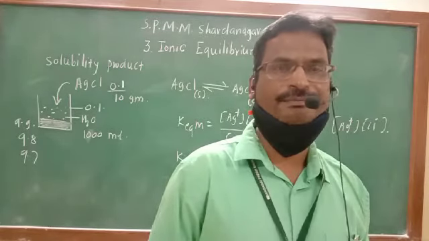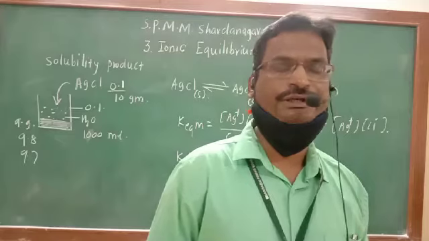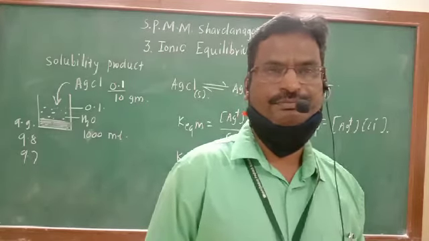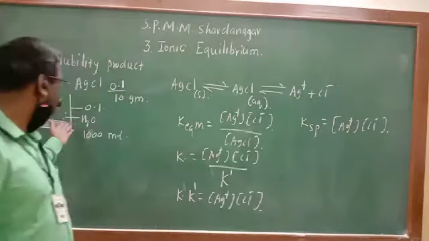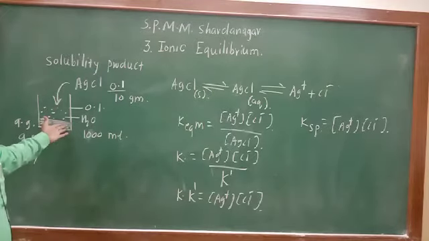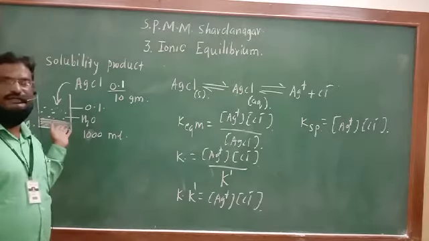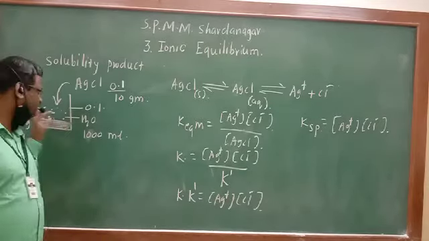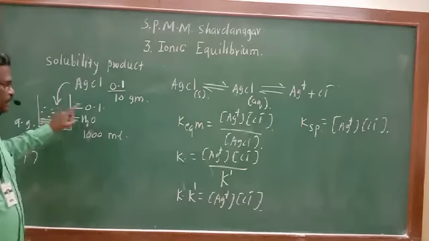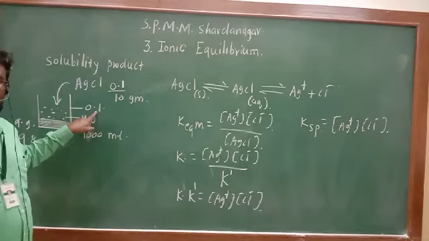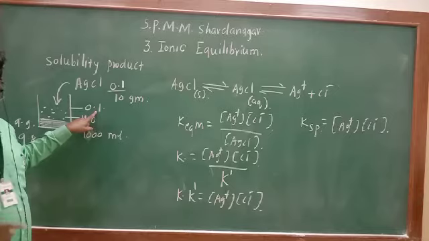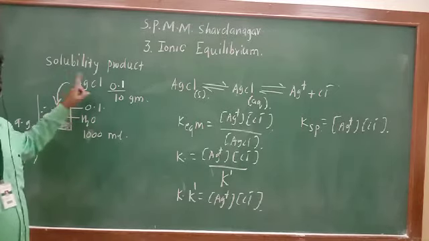we can prepare the solutions. Here, what is a saturated solution? A saturated solution is the solution in which there is maximum solubility. See, what is the capacity to dissolve? 0.1. 0.1 is the capacity of 1 liter water to dissolve AgCl.